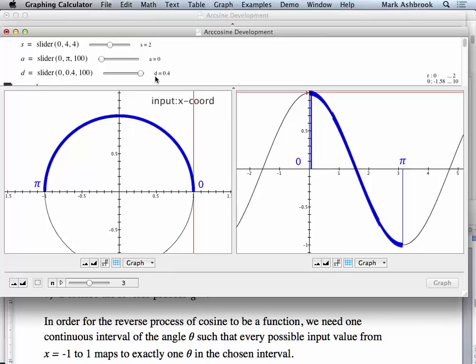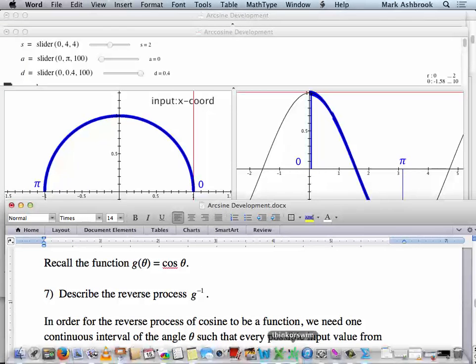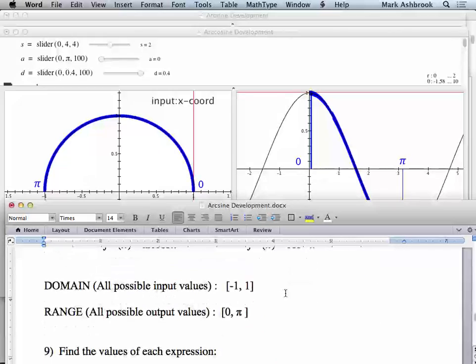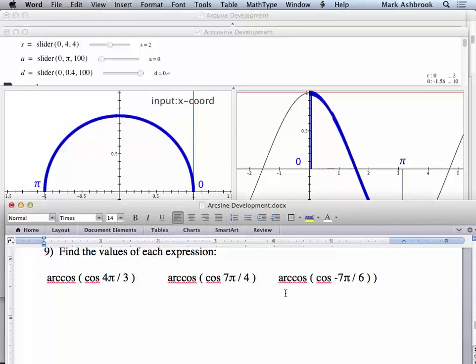Okay, so what's the domain of arccosine? Pedro, what's the domain? The domain is from -1 to 1. -1 to 1, and what's the range, Lee? 0 to pi. Okay, so let's do these. I just have 3. Go for it.